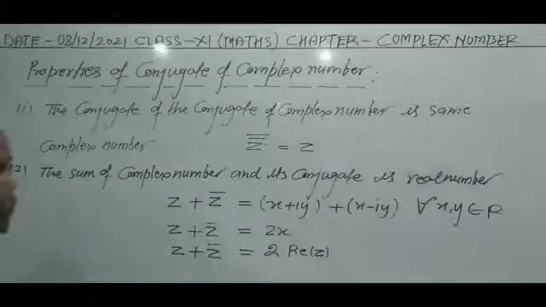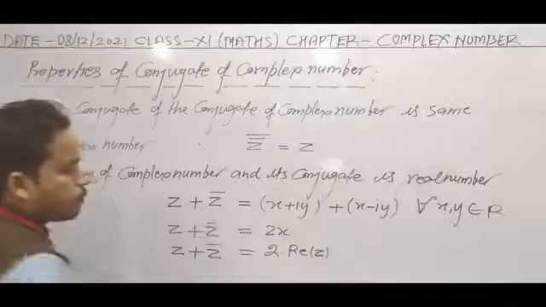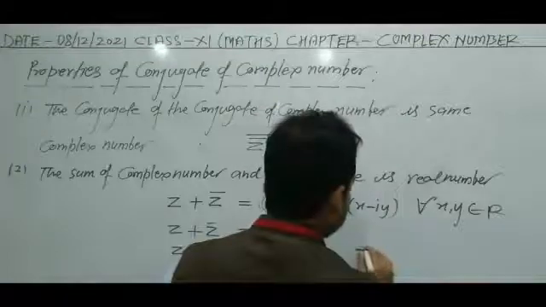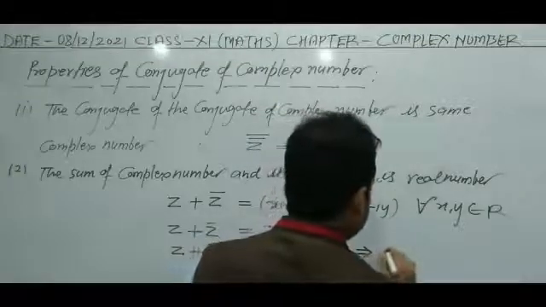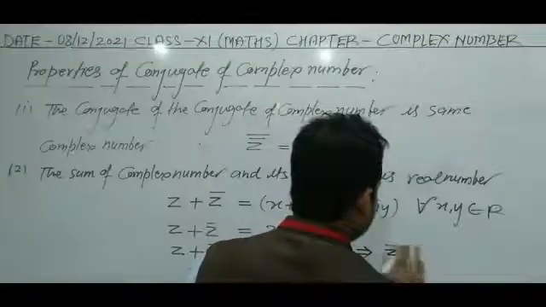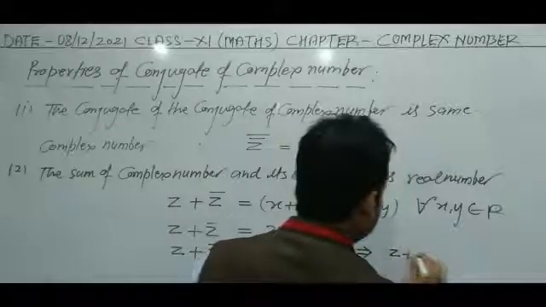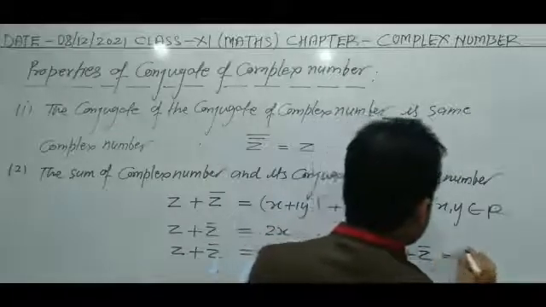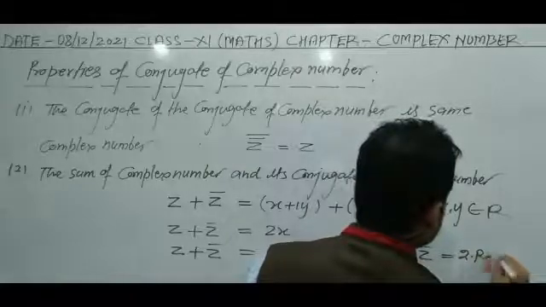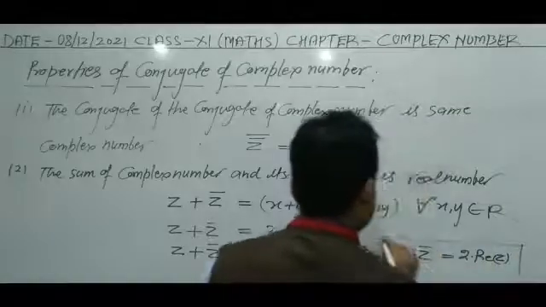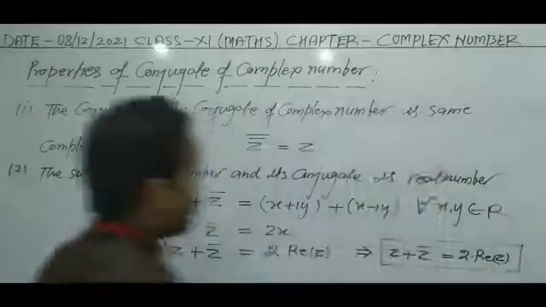Now z plus z bar is equal to 2 times real part of z. This is the formula.